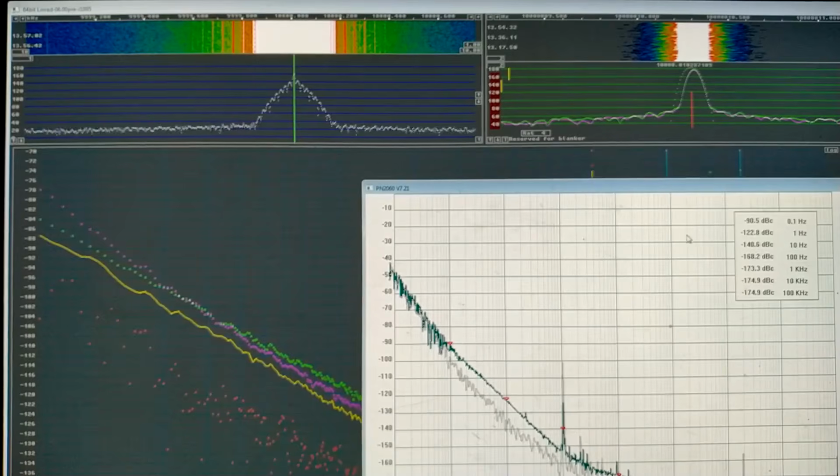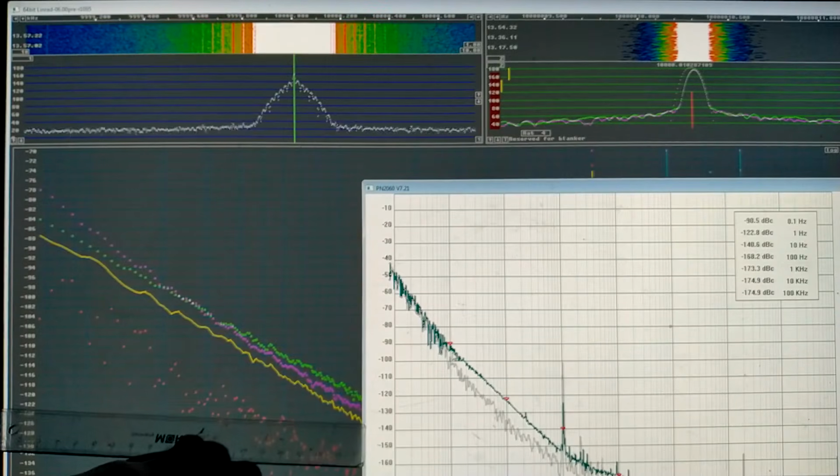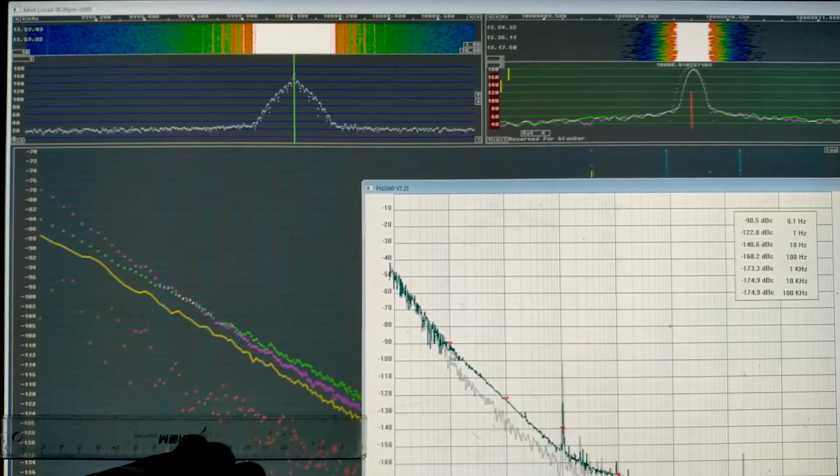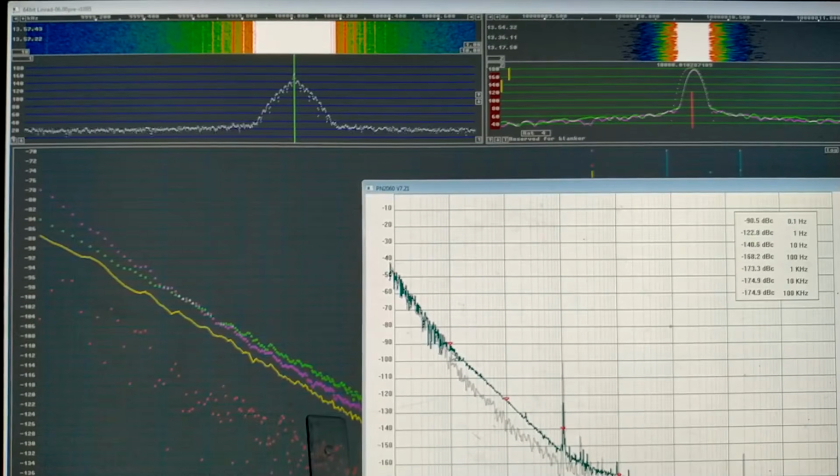And the noise at 1 Hz offset in PN2060 is minus 122.8. And if I look in Linrad, minus 124 is this line, and 1 Hz. So it says minus 123 at this point.